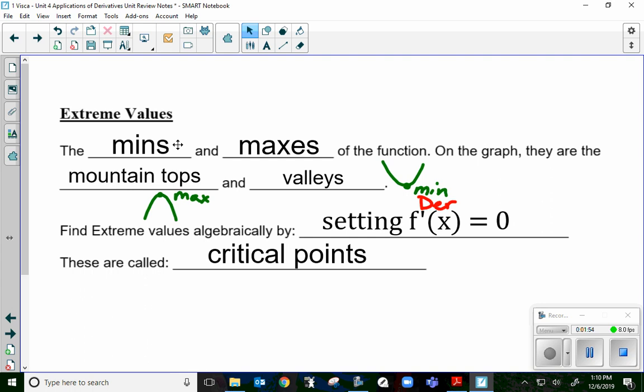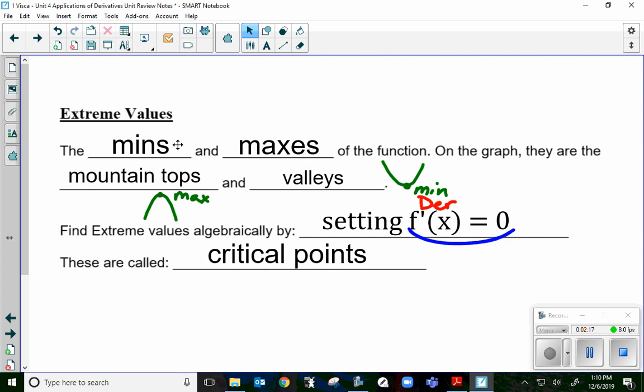A critical point is just where your derivative equals 0, and your mins and maxes, if they occur, should happen at critical points. Not every critical point has a min or max, but if you have a min or a max, it's at a critical point, unless the graph has endpoints.